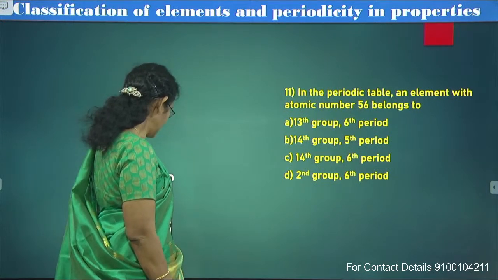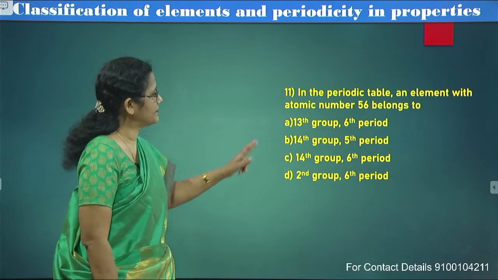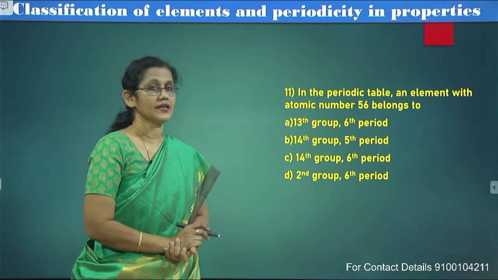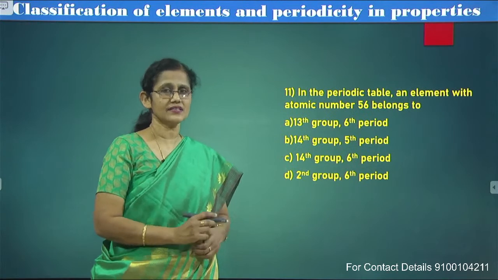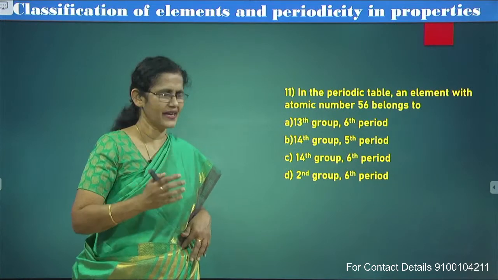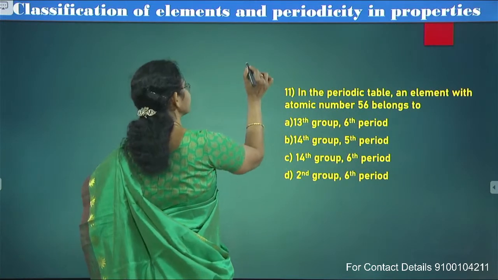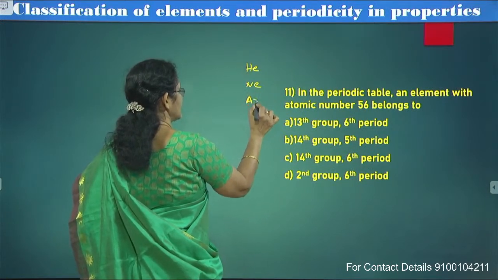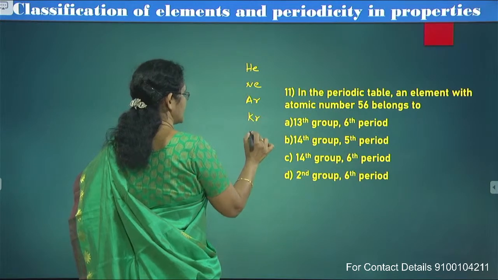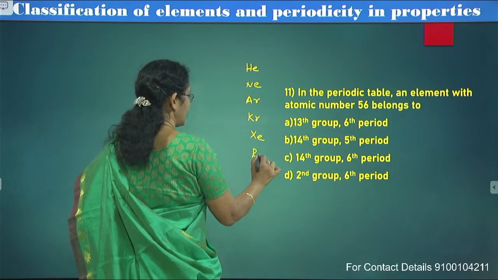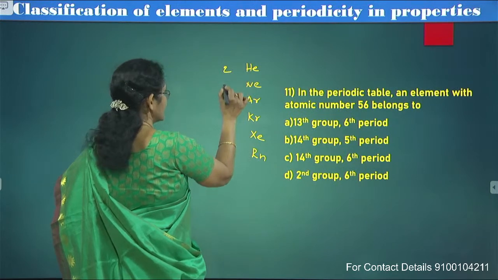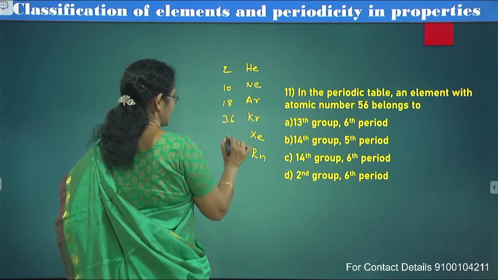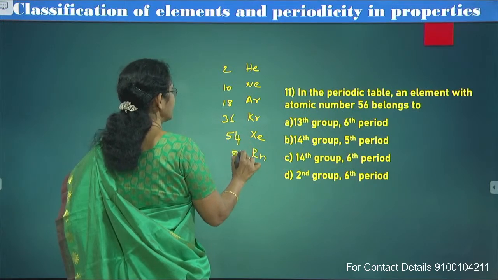Next, see this particular question. In the periodic table, an element with atomic number 56 belongs to. Just now we discussed the noble gases: helium, neon, argon, krypton, xenon, radon, with atomic numbers 2, 10, 18, 36, 54, 86.